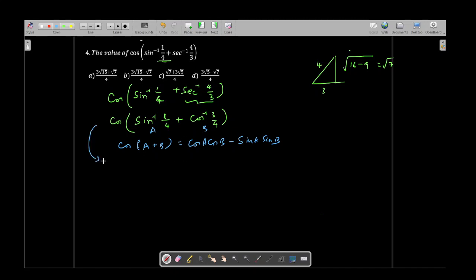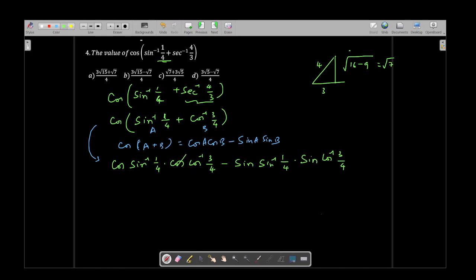So this is equal to cos of sin inverse of 1 by 4 into cos of cos inverse of 3 by 4, minus sin of sin inverse of 1 by 4 into sin of cos inverse of 3 by 4.